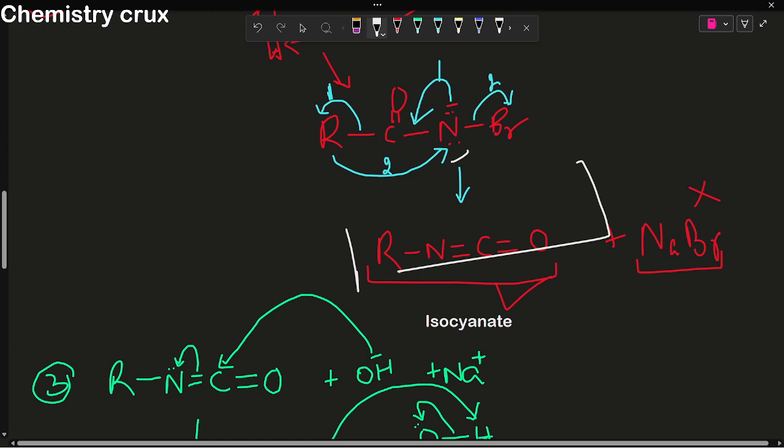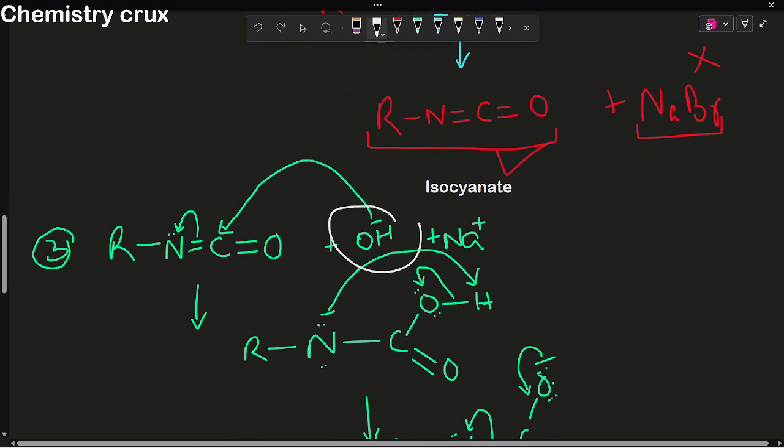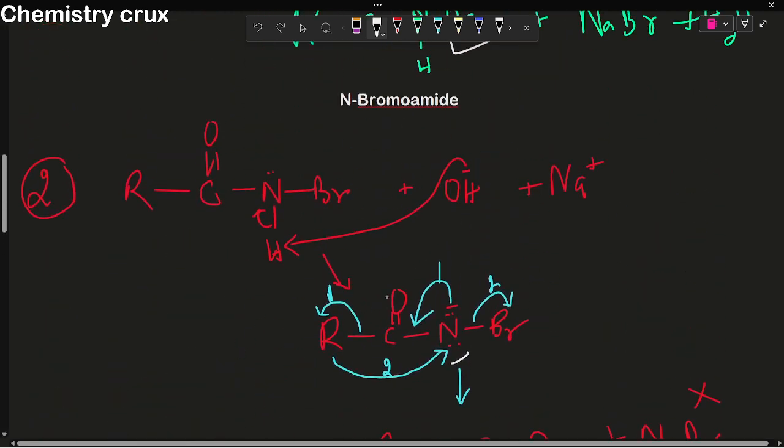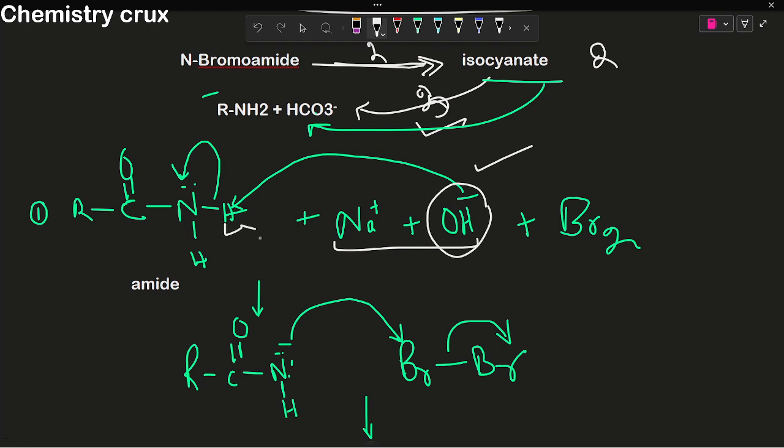All right, and then the third step comes into play, where OH negative again acts on carbon, and this time what happens is, also let me say it to you, here you can see it's an acid base reaction, because OH is extracting H from this molecule, that's amide.